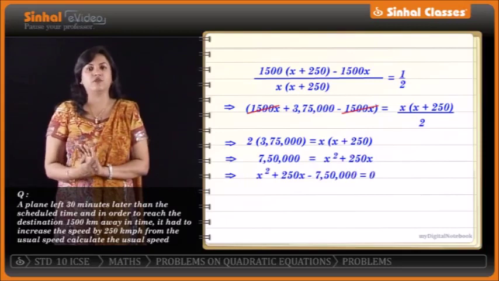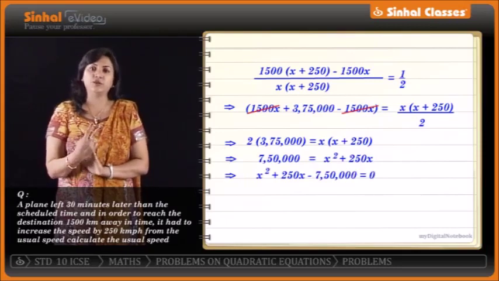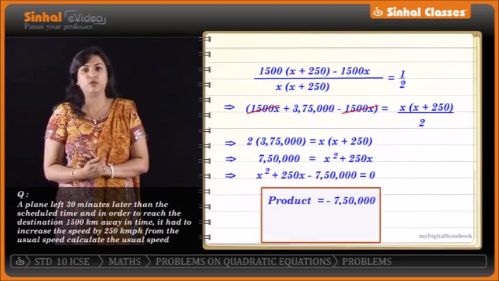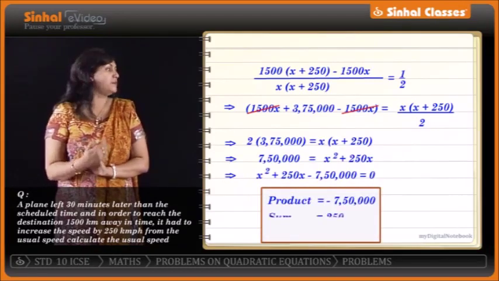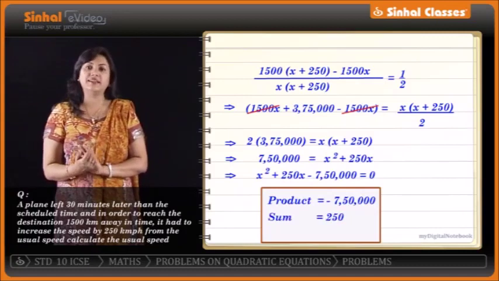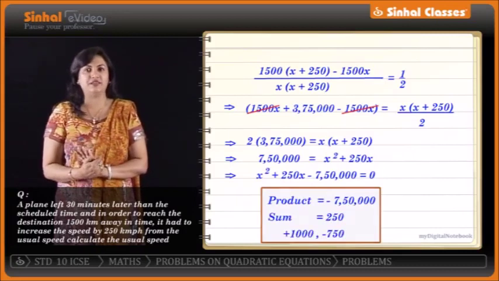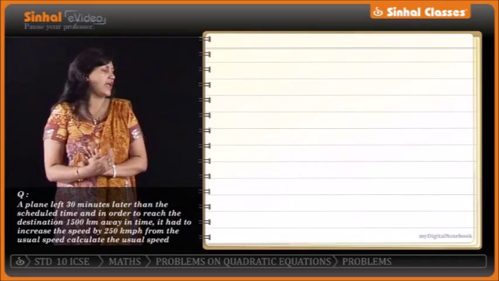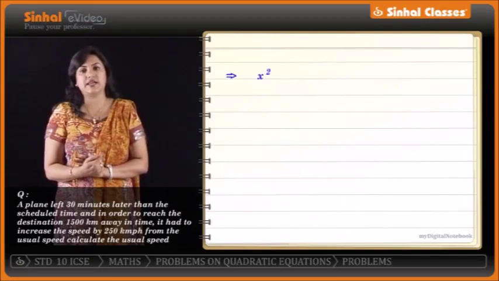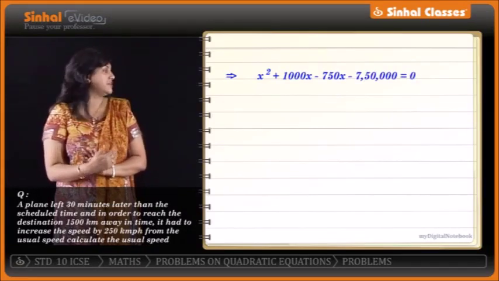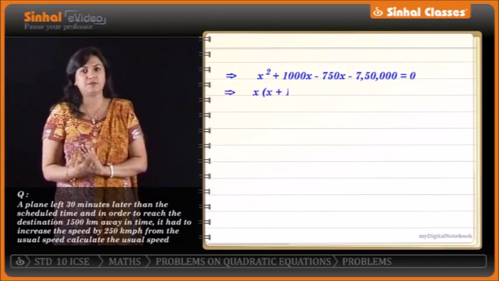Now we have got the quadratic equation. Now we want two numbers whose product is minus 7,50,000 and the sum is plus 250. What can the numbers be? 1000 and minus 750. So the equation becomes x square plus 1000x minus 750x minus 7,50,000 is equal to 0. From the first two terms, we have x common, left with x plus 1000.